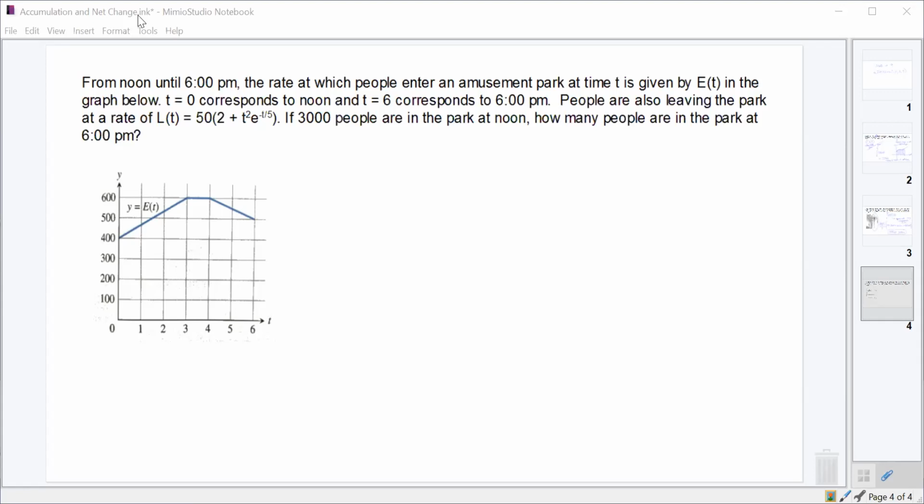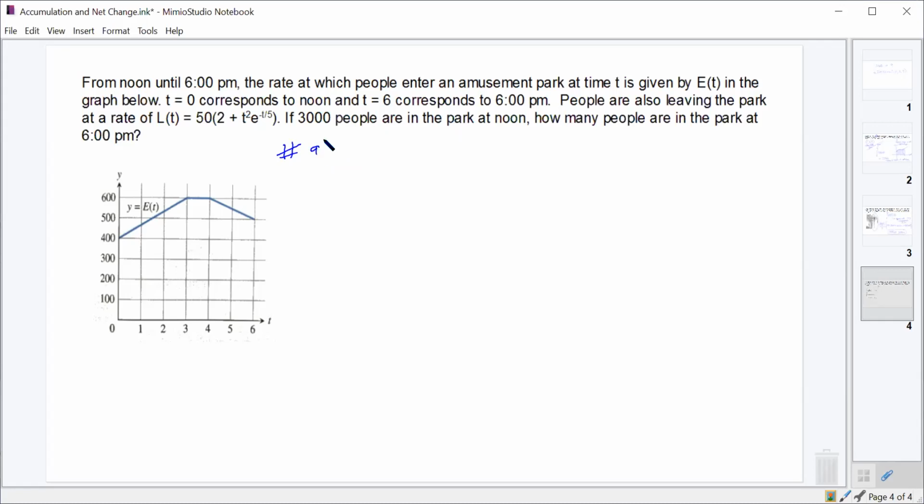All right, we have an idea what we want to do here. We're looking for how many people are in this amusement park, right? At 6 p.m. We're talking noon to 6.